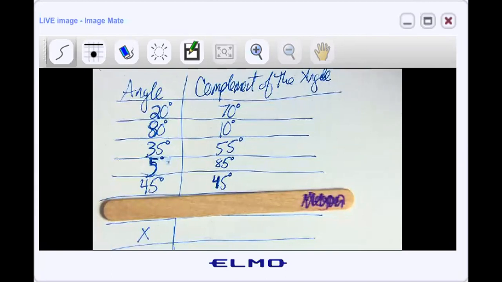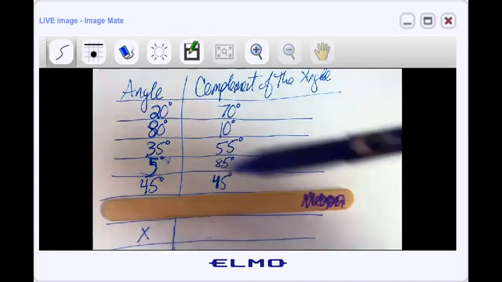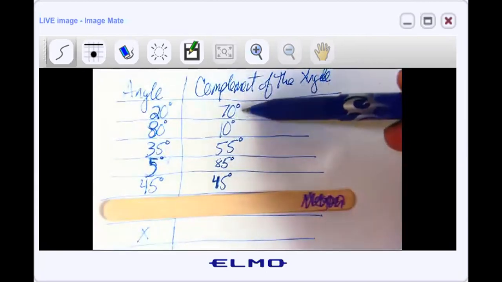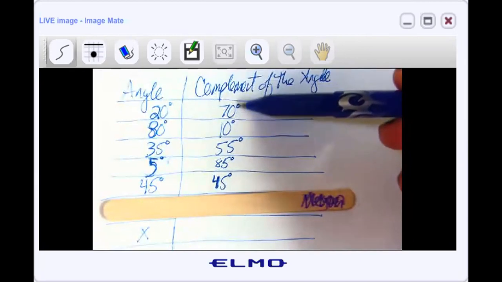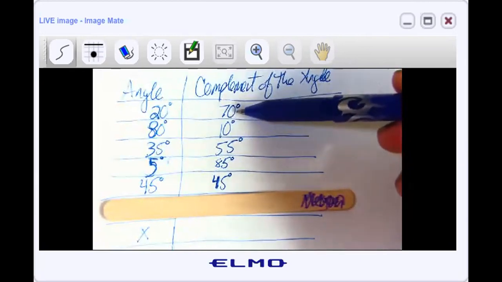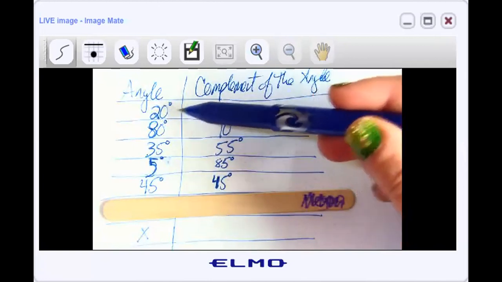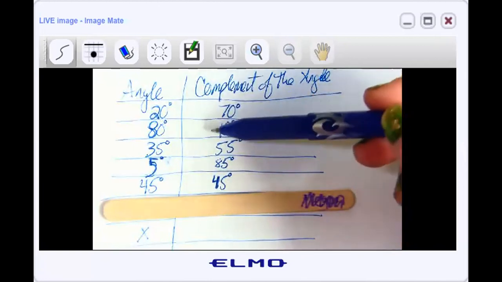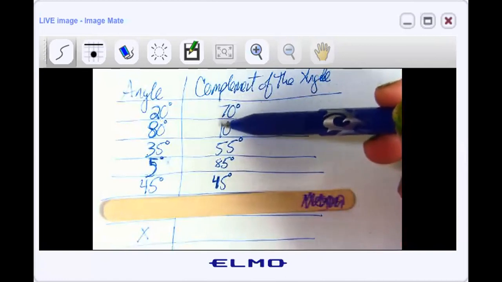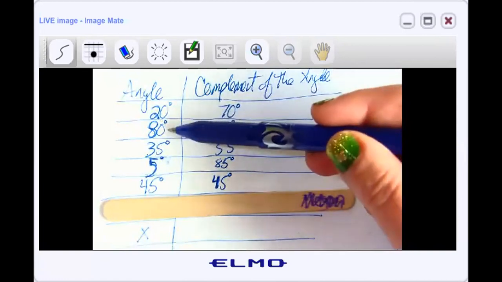All right, so let me give you a hint here. Remember how we got this number? This number came about because it's just 90 minus that number. So to get this one, before, I didn't know that it was 10 at first. How did I get it? I did 90 minus 80.